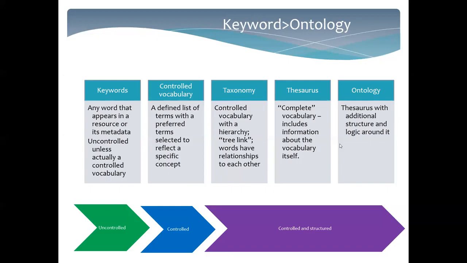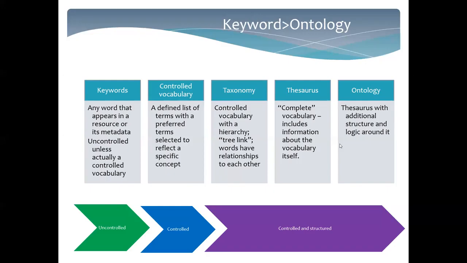Sometimes you will see people call a controlled vocabulary an ontology. You see this more in the semantic web world. When you start getting out to the semantic web world, they will occasionally call things a controlled vocabulary. A lot of times they just skip right to ontology and they'll just call everything an ontology.